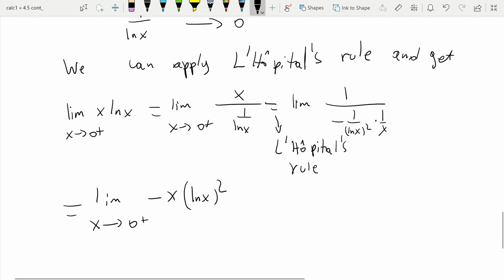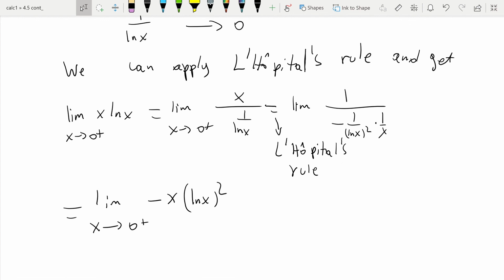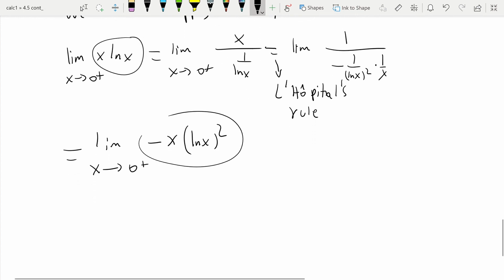Well, in fact, all we've accomplished here is to make our expression more complicated than the one we started with. Here we have minus x times natural log of x squared, while what we started with was x times natural log of x. So this is not very good.